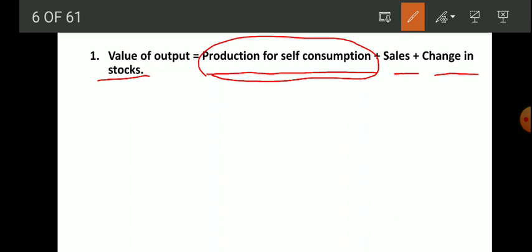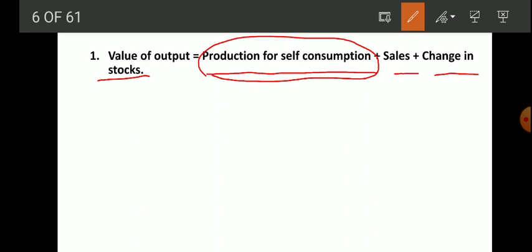Because if the person is not keeping those products, then they might have to purchase them from the market, so there is a value of that product as well.